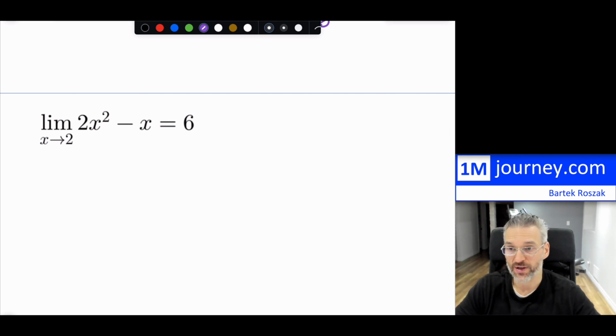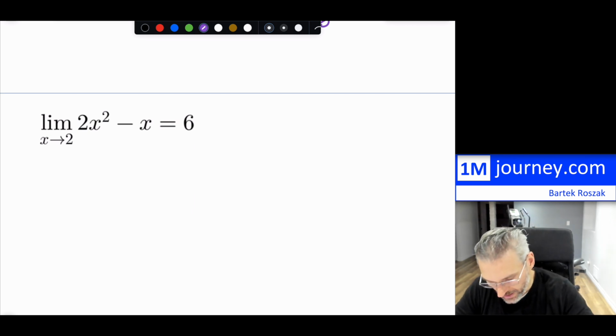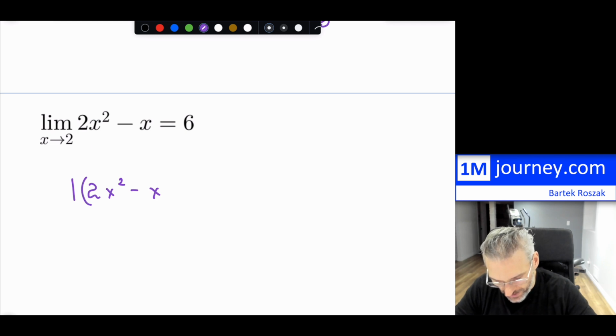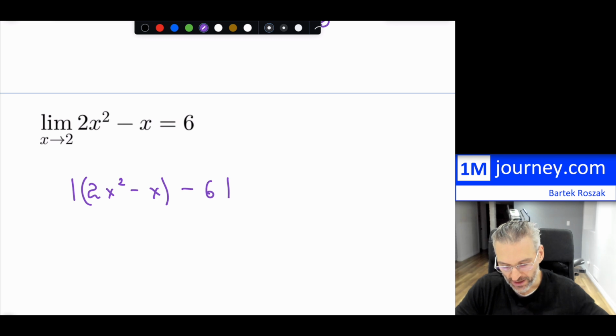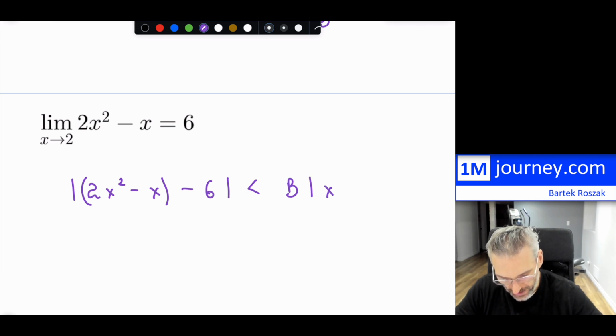And so here again, you'll notice that it's a quadratic. So what we will have is the following: f of x, which is 2x squared minus x, minus your limit, which is going to be 6, right? Our ultimate goal is to find some bound, and that bound is going to be multiplying x minus 2, because that's what x is approaching.